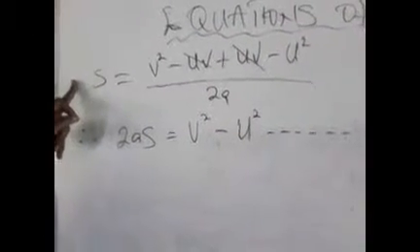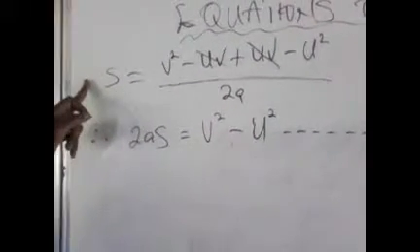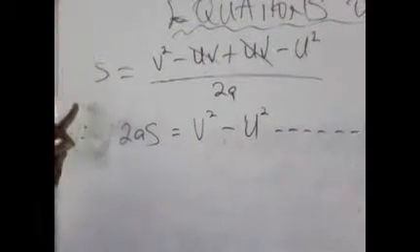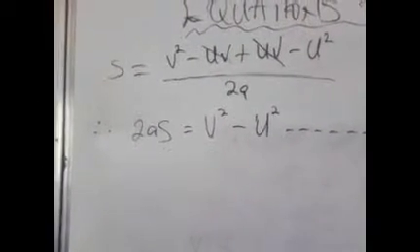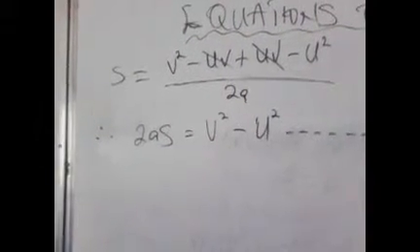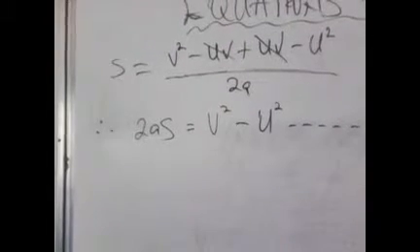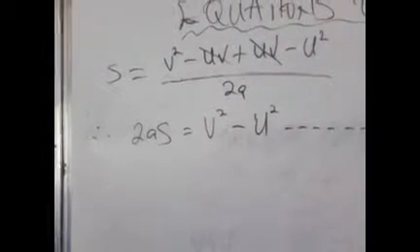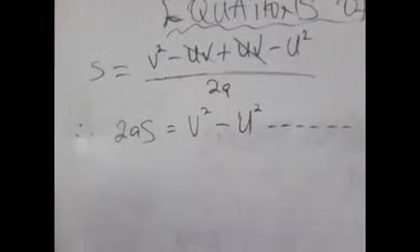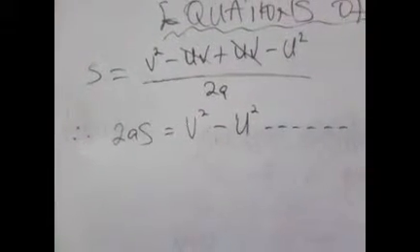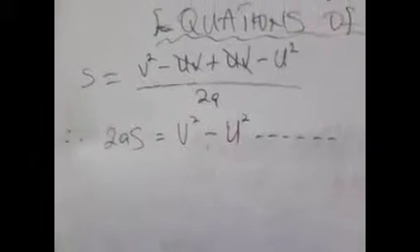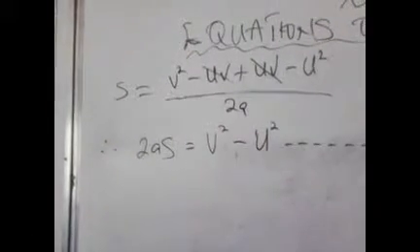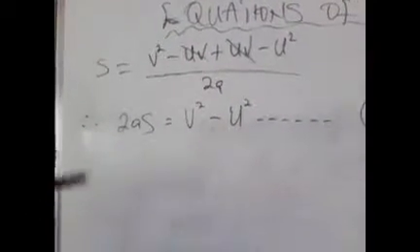When we expand it, we have S equal to V squared minus UV plus UV minus U squared all over 2A. And the minus UV and plus UV cancel, giving you 0.